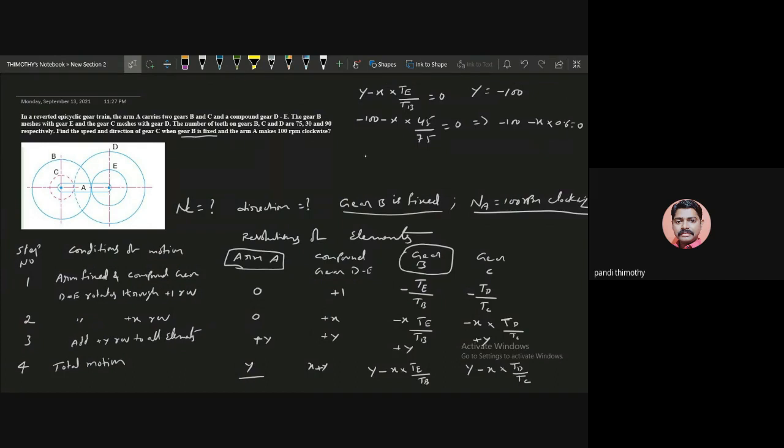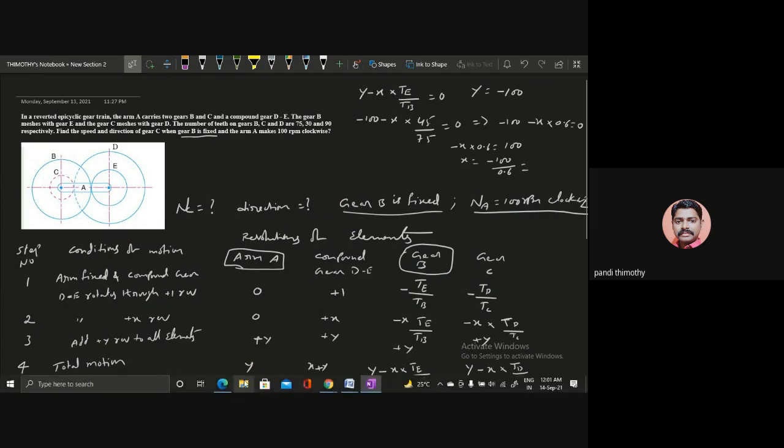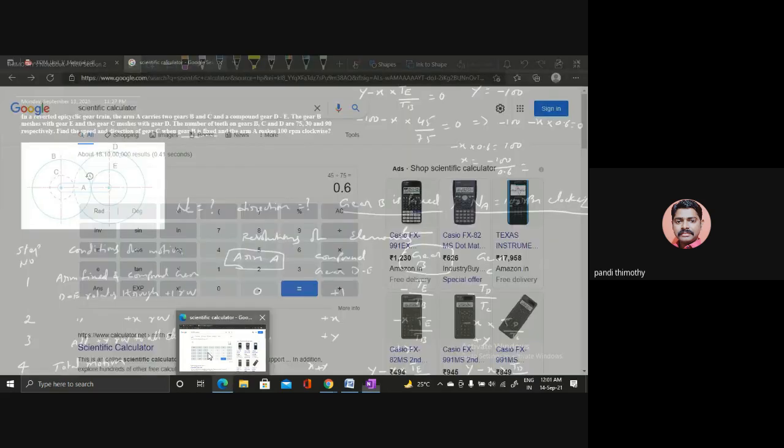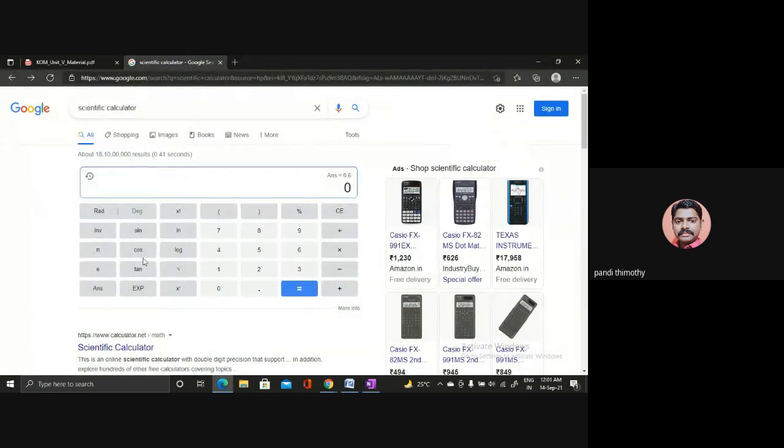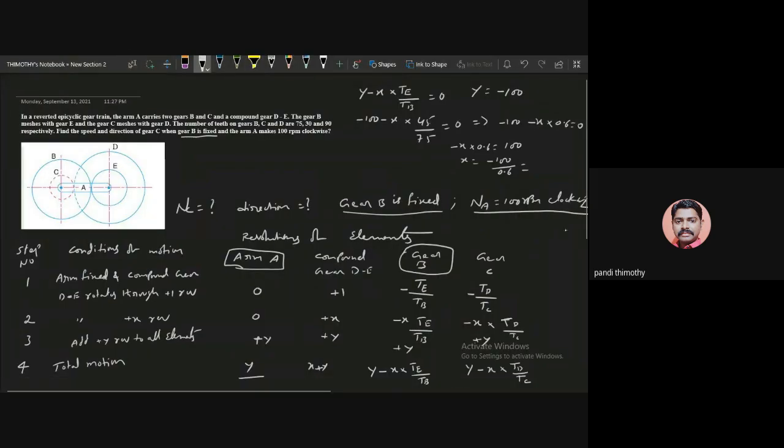From this, minus x into 0.6 is equal to 100. x is equal to minus 100 by 0.6, which is 166.67, so x is minus 166.67.